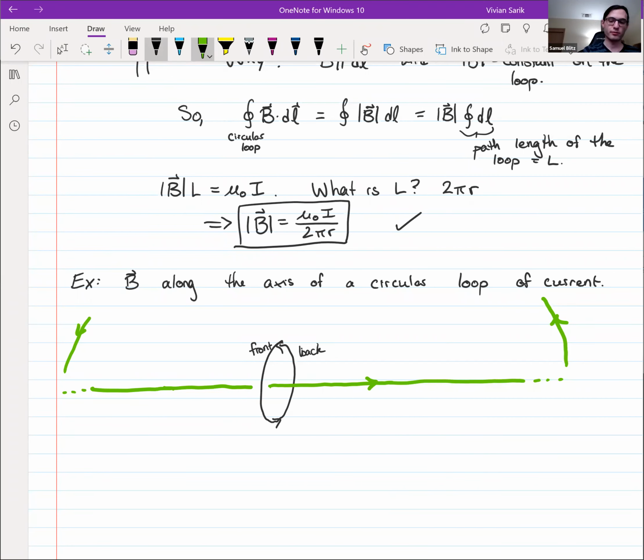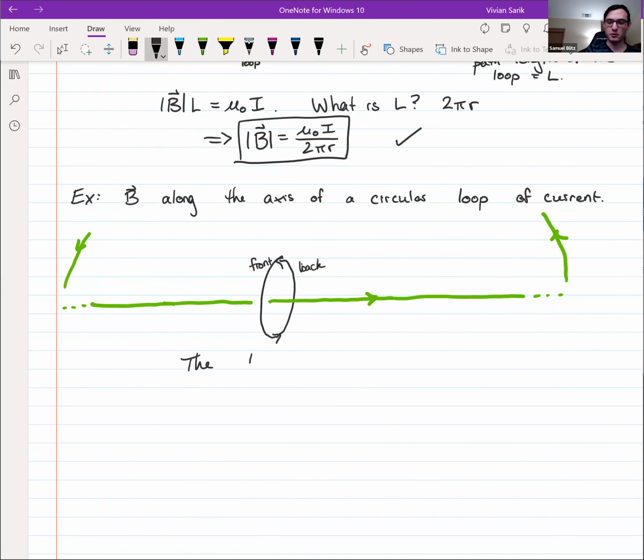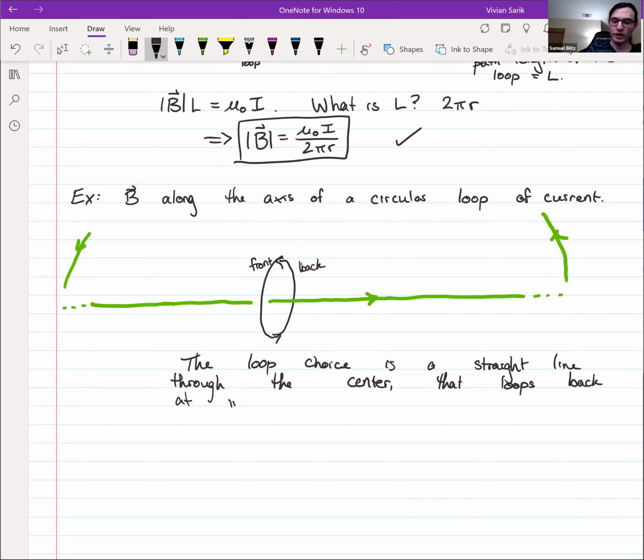So the loop choice is a straight line through the center that loops back at infinity. Now, the reason we can do this: first and foremost, we know the magnetic field infinitely far away is 0.